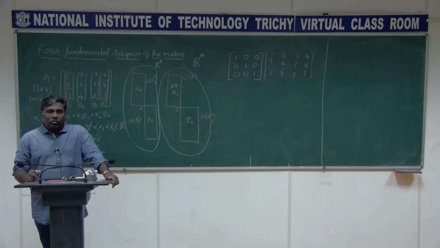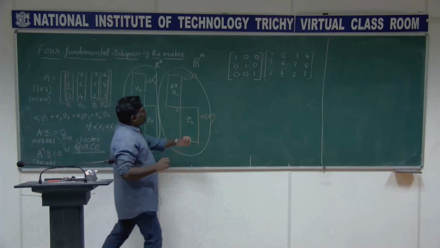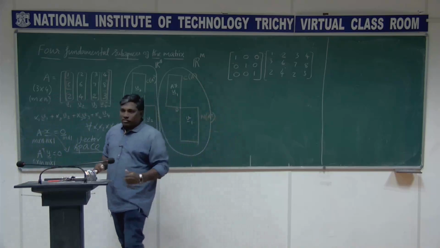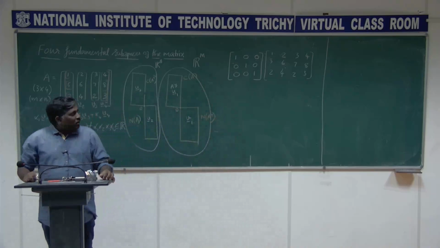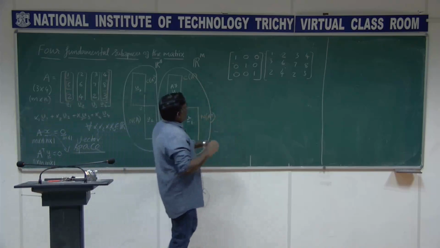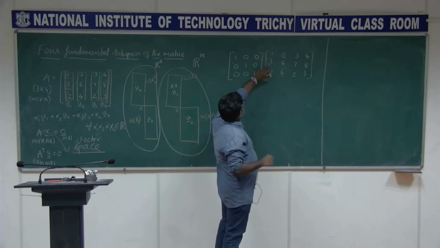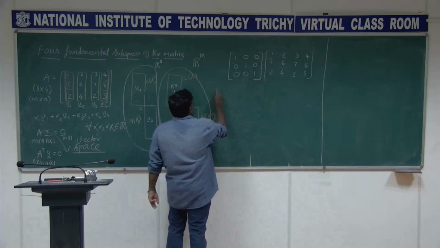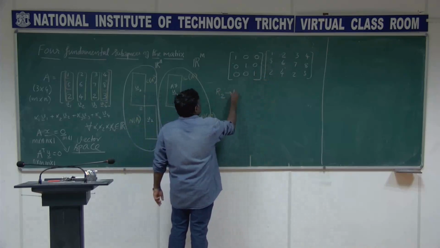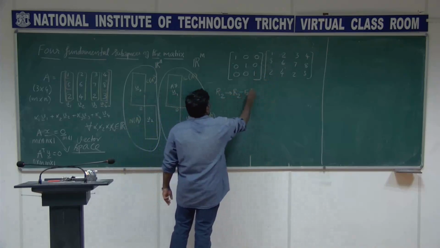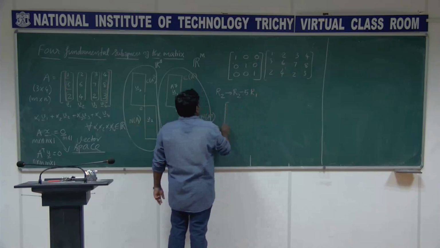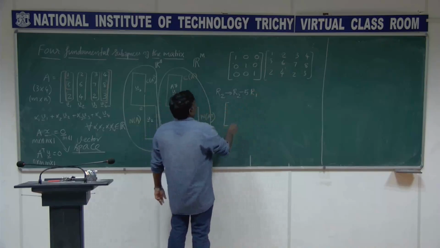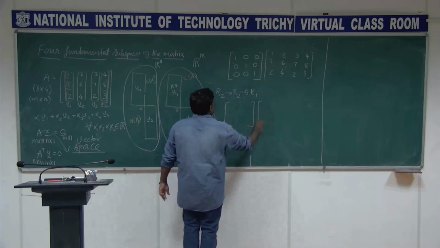Now I apply row reduced echelon form on both sides. What I want to do is make this entry 0 here. So R2 becomes R2 minus 5 times R1. This is the operation I want to do, and this matrix will do it.